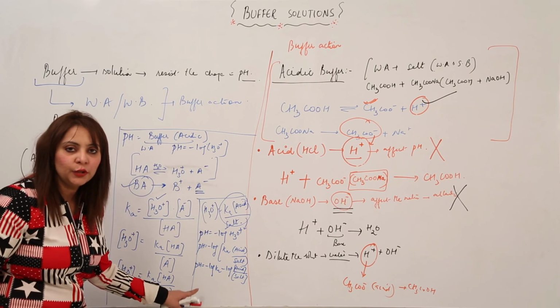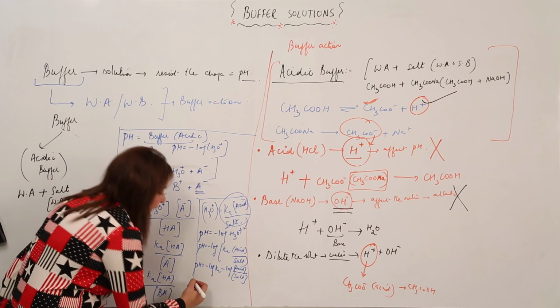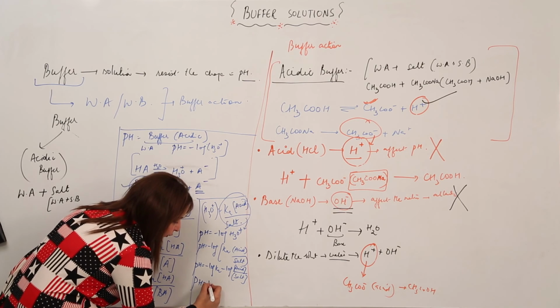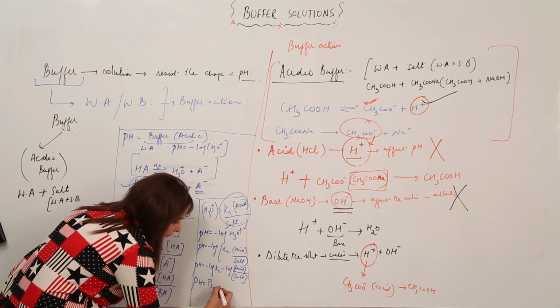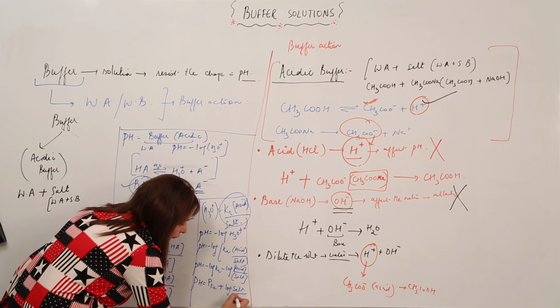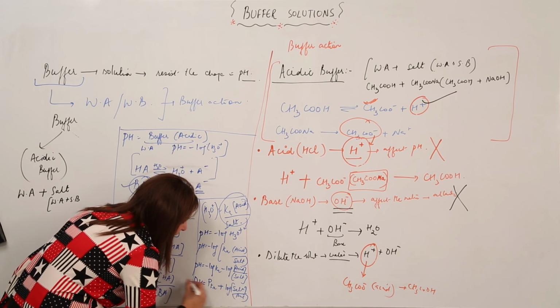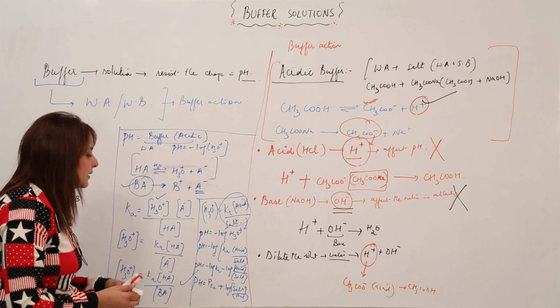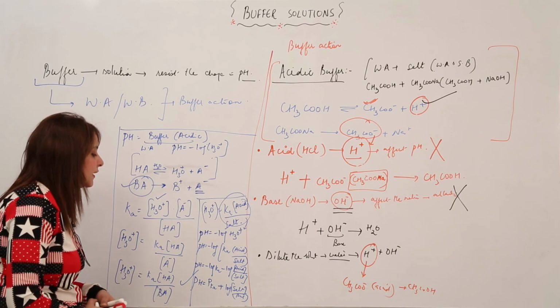Yes, we can do that. You know how to write these kinds of expressions. We did it in pH. So again, we can write it as this also, just shuffling them. We have pH is equal to pKa plus log concentration of salt to concentration of acid.